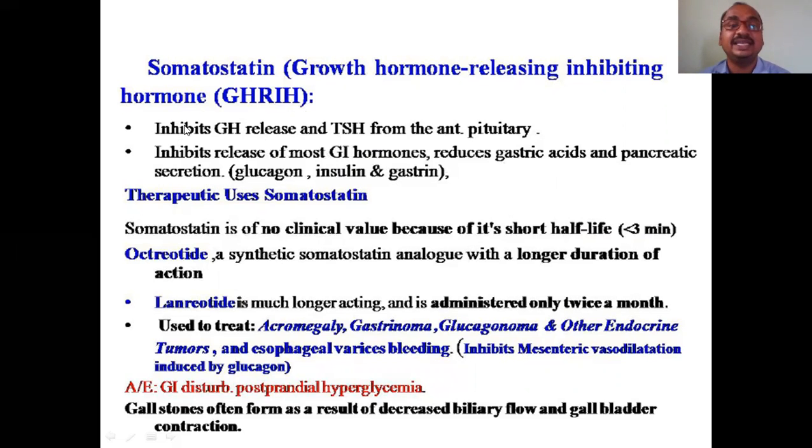All these can be inhibited by somatostatin, not only growth hormone. Very, very important point. Therapeutic uses of somatostatin: whenever someone is growing into a heavy personality, you give somatostatin because growth hormone will be suppressed. You got my point? Since somatostatin works against growth hormone, whenever there is excess growth hormone in the body, you give somatostatin.